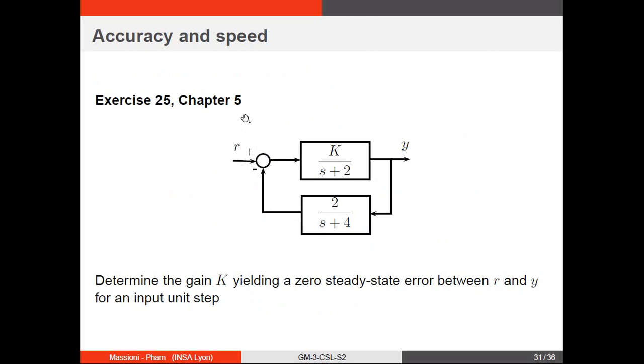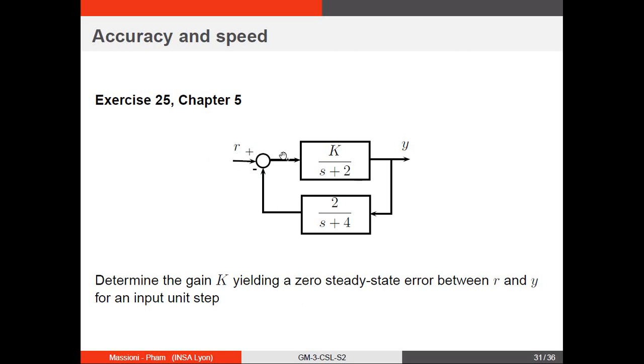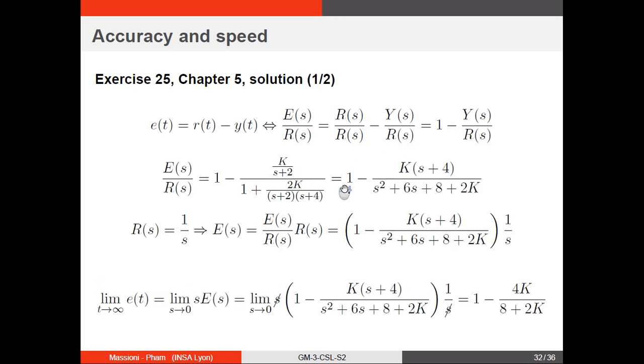You should just pull up an arrow here, pull up Y and make the difference, then this will be E. It is not this one, so E is R minus Y. So E as a function of R, well, E is replaced by R minus Y, so basically it's R minus Y over R, which means 1 minus Y over R. Then you can compute this as 1 minus the usual transfer function in closed loop, numerator K over S plus 2, denominator 1 plus L, because we are in negative feedback. You can work it out, you get this.